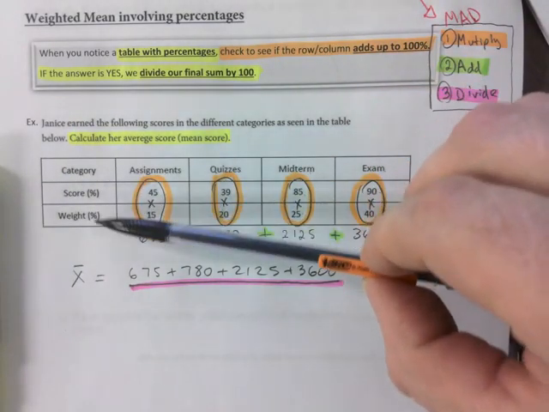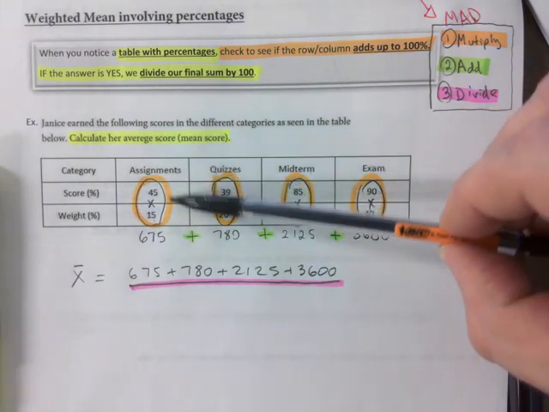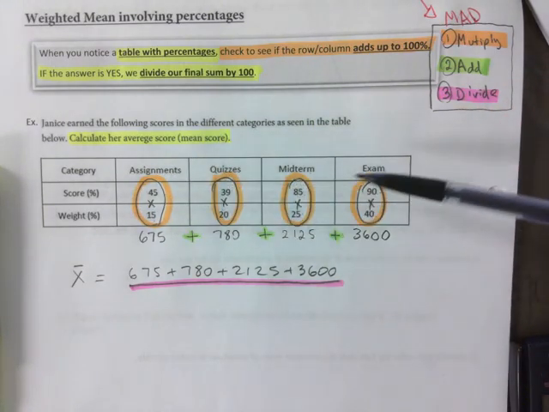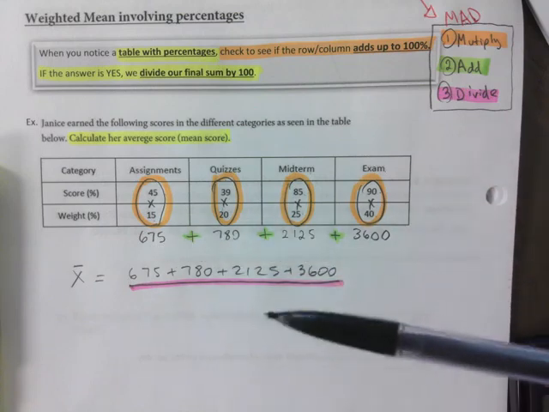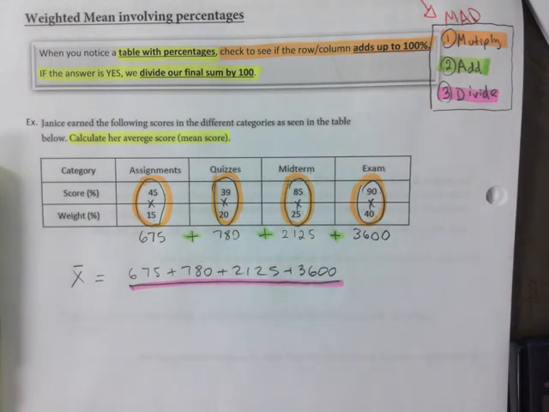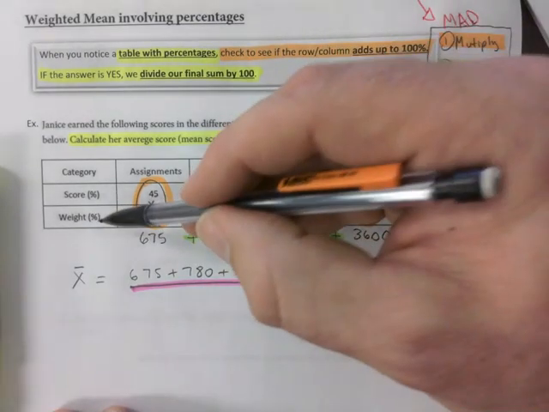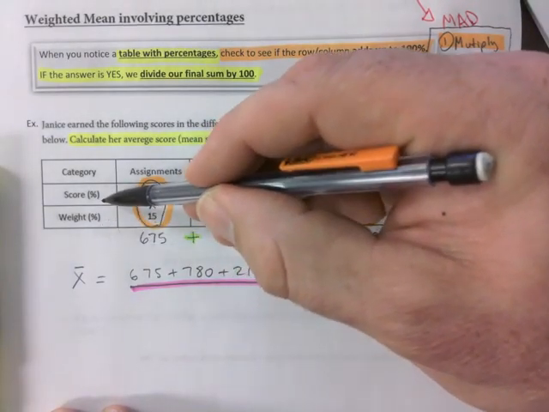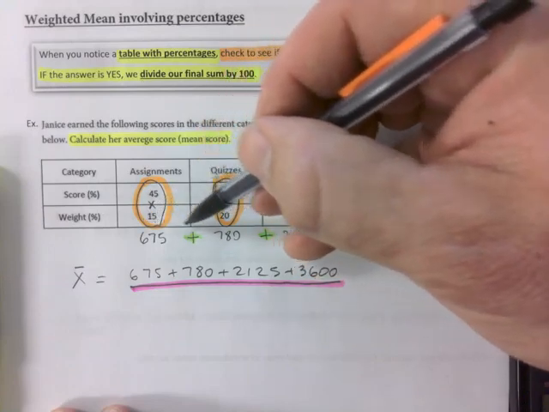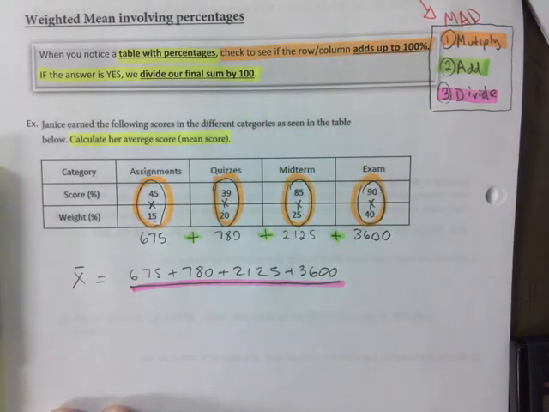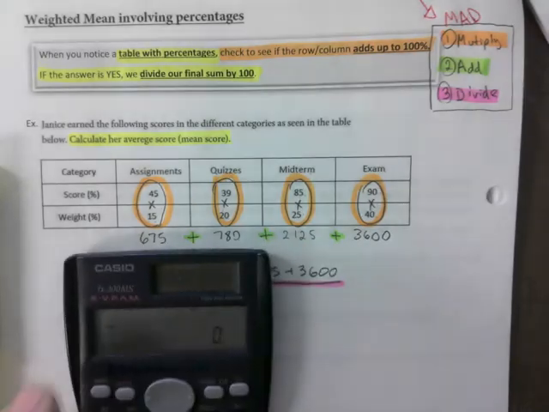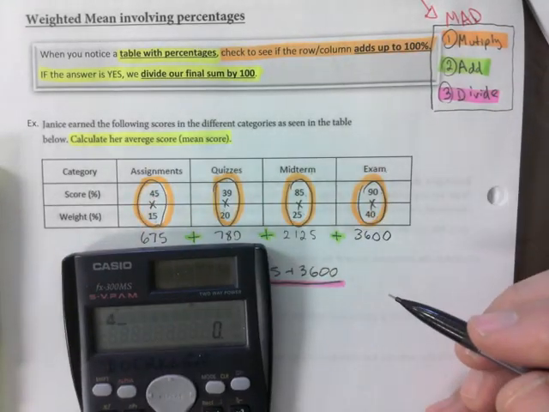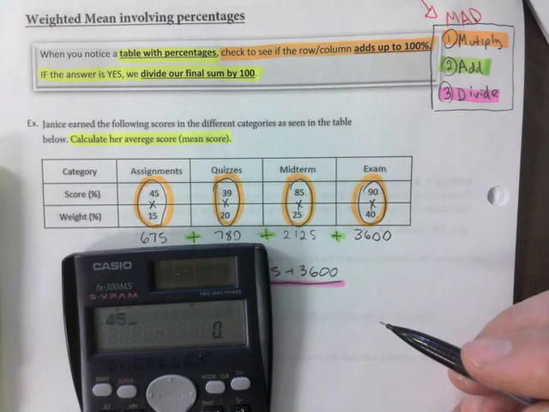But this is not single. You see categories, right? You multiply, you add, and here's where the kicker is. Do you notice that this is percentages? You've got percentages. Check to see if one of them adds up to 100. So let's do that together. I will do the top first. So 45, you can tell that it's not going to be.